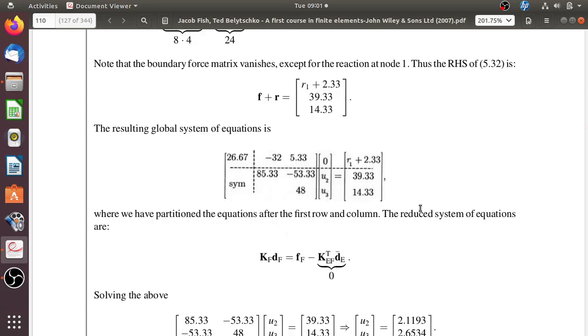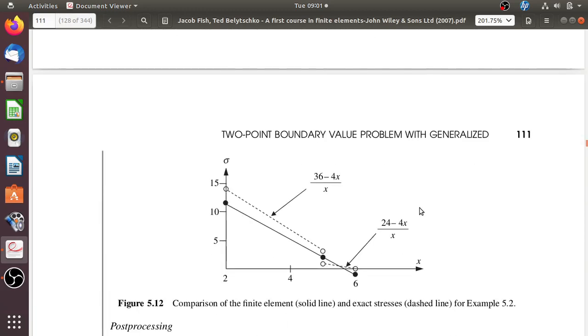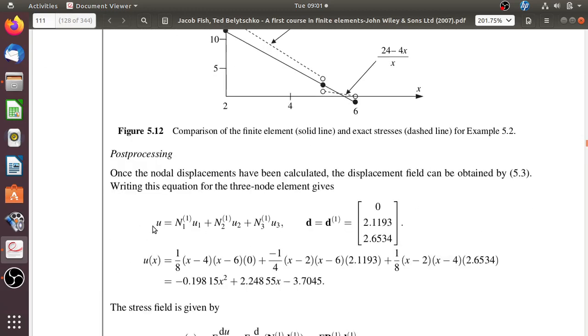In order to identify how u is distributed as a function of x, this is my u, right? That's how I defined it and started with. So now all I have to do is substitute what n1, n2, n3 are, and also now I know what u1, u2, u3 are.